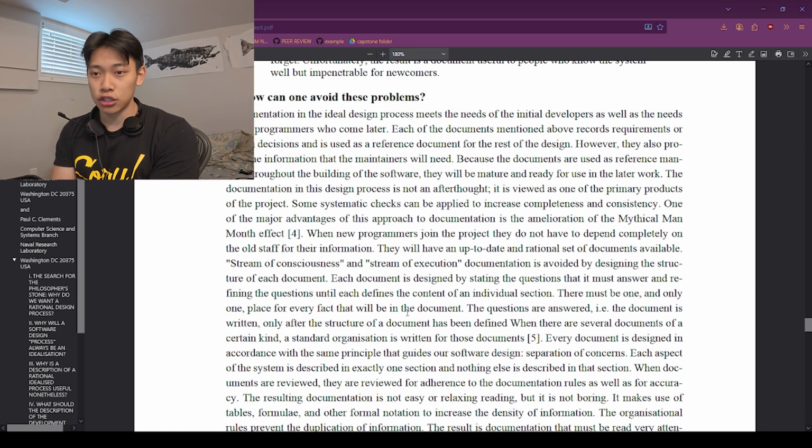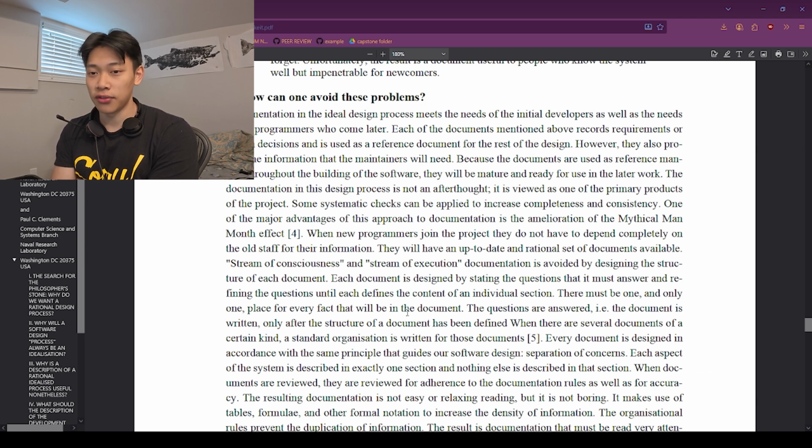One of the major advantages of this approach to documentation is the amelioration of the mythical man-month effect. When new programmers join the project, they do not have to depend completely on their old staff for information. They will have an up-to-date, rational set of documents available.